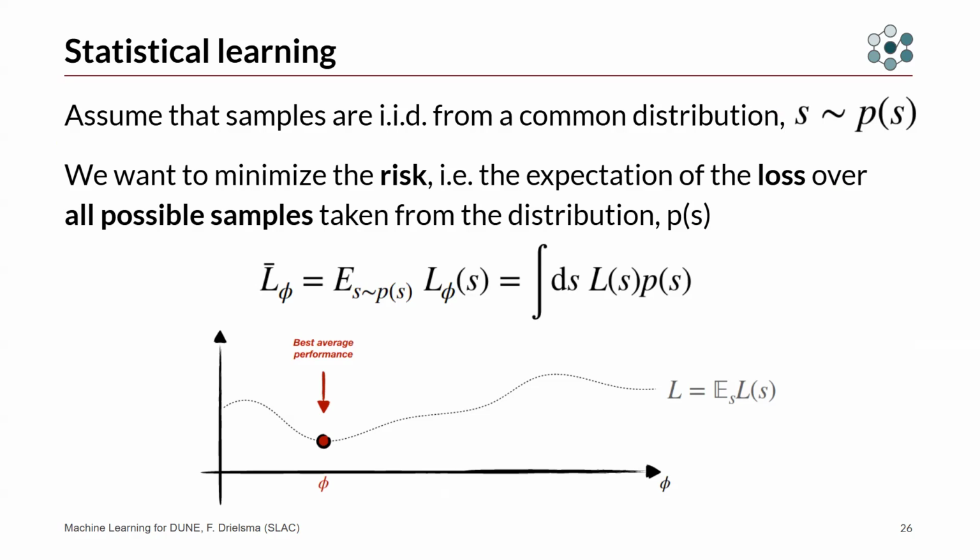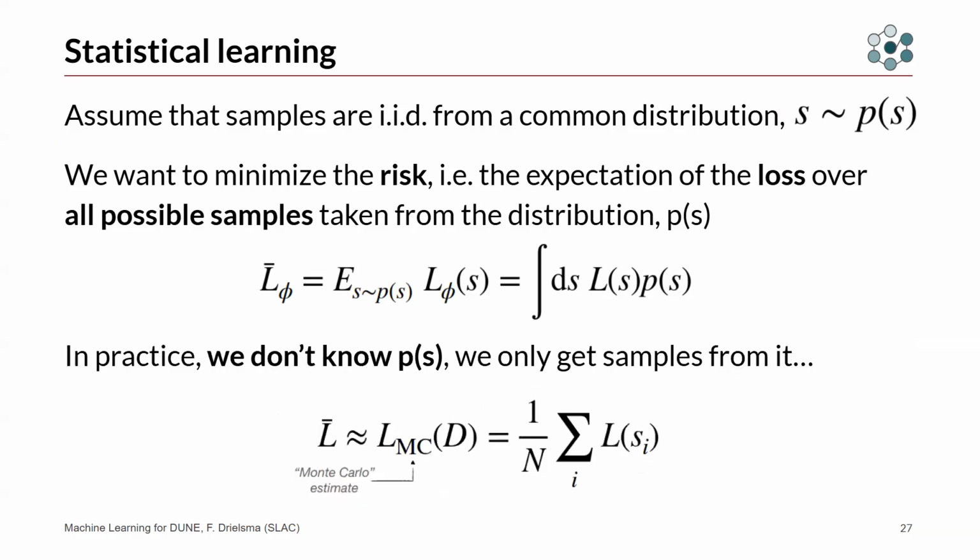And so the risk, I should say, the definition of risk is the expected value of the loss for that true underlying distribution, which we cannot get to. What we can get to is the loss for a data set, which is a subset of samples from the distribution. So you can take the sum of these losses, and it's kind of an unbiased estimate of what the risk is, but it's not exactly the risk. Right?